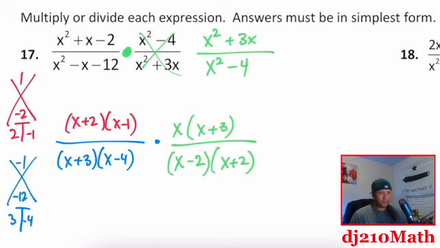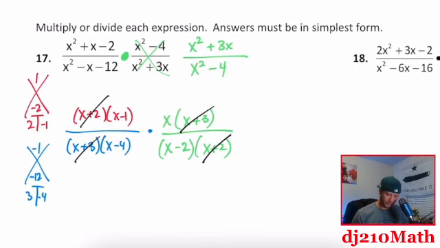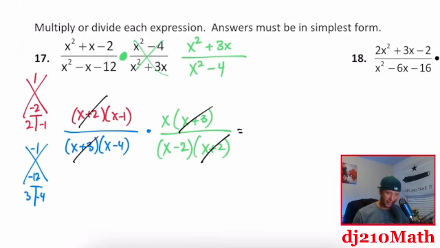So now we can cancel up, down, and diagonally, never left to right. So x plus 2, x plus 2. x plus 3, x plus 3. And that's it. So what's left on top? We have x, x minus 1. On the bottom, x minus 4, x minus 2.